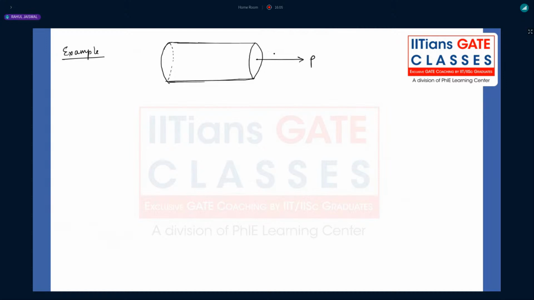For example, here also I apply the load P, something like this, and cut by a plane, suppose one section plane like this.